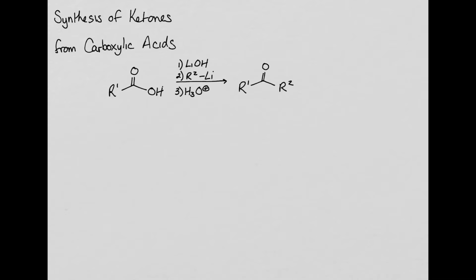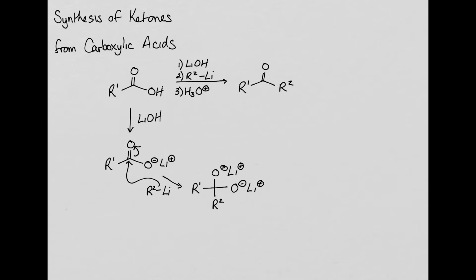In the first step, lithium hydroxide deprotonates the carboxylic acid to produce the lithium carboxylate salt. In the next step, the organolithium reagent is added. The organolithium reagent attacks the carboxylate, producing the dilithium salt.